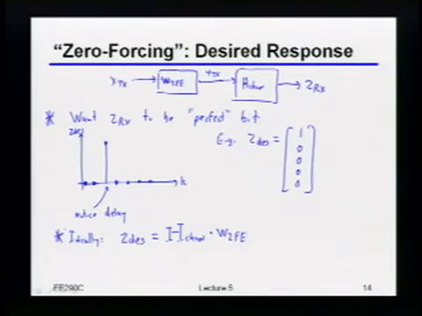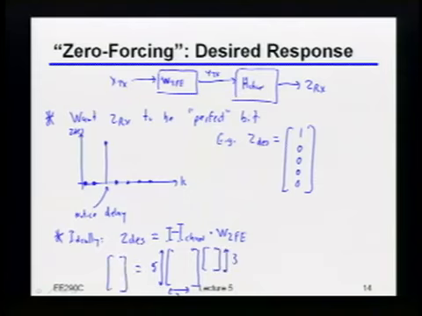The way to see that is, remember that H channel there has 5 rows and 3 columns. Similarly, that WZFE only has 3 rows, and we want that to be equal to something with 5 rows.